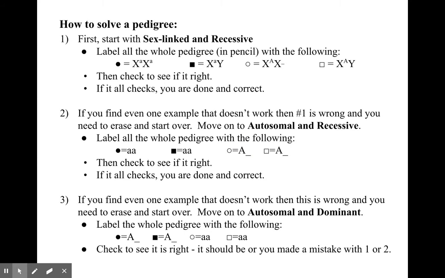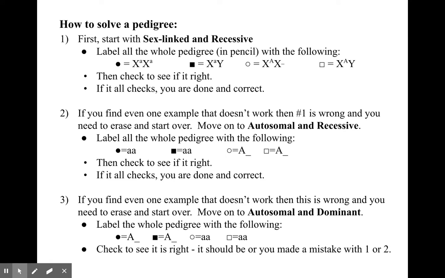So how do you solve a pedigree? Different teachers have different ways. And you probably know that there's 2 other bio teachers at Valhalla, Mr. Halverson and Mr. Gappy.